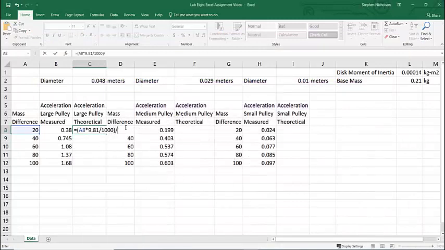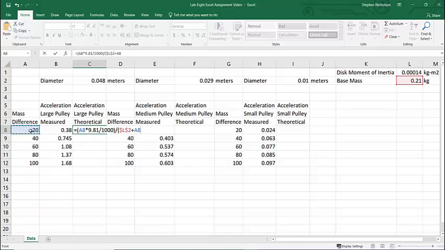Then we're going to divide by base mass, which is over here, L2, but that's going to stay constant for all the calculations, so I'm going to push my F4 key to get the dollar sign. Then we're going to add the mass difference. I don't have to divide this by 1,000 because I've already converted it to kilograms.